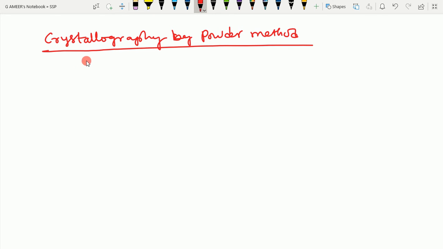So what is the use of this method? Again, just like I said, it will give the information about the crystals.